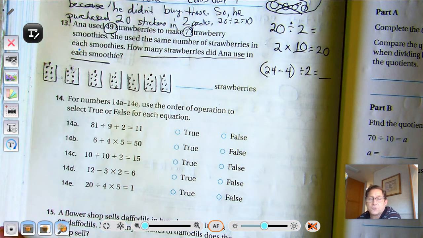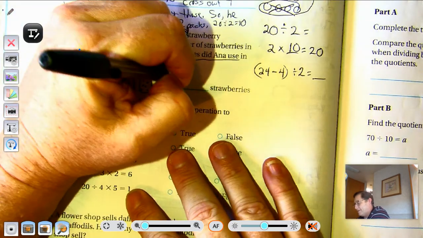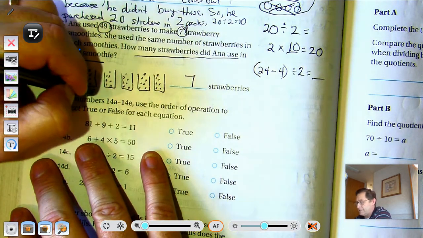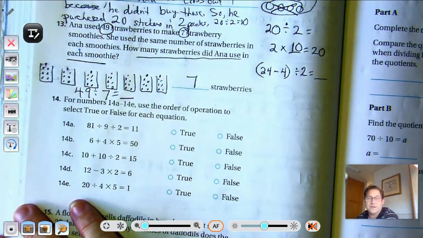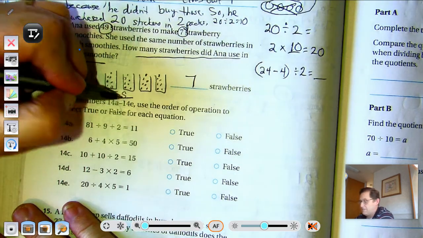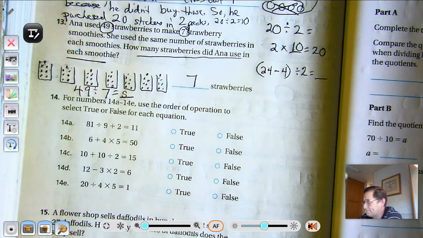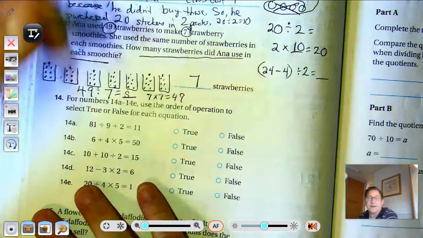So how many strawberries are in each smoothie? 1, 2, 3, 4, 5, 6, 7. 7 strawberries. We could have also just as easily solved it like this: 49 divided by 7 equals S, the number of strawberries. And we would have said 7 times 7 equals 49.